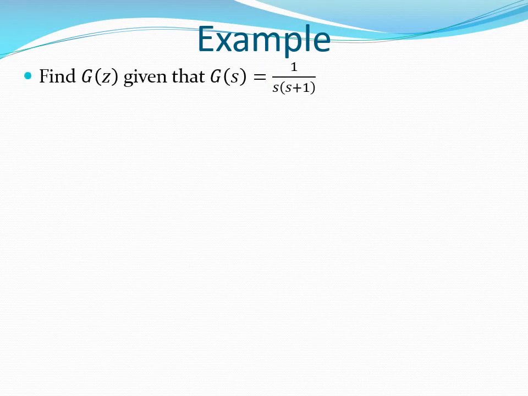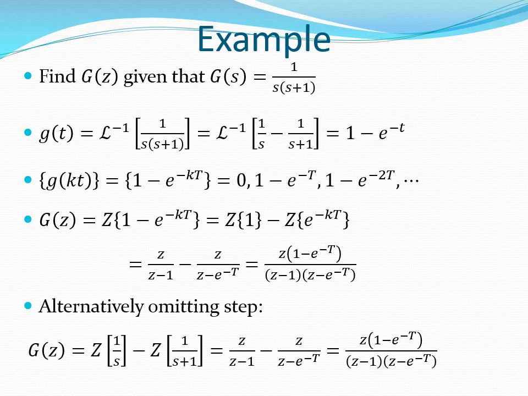In this example, we are given G(s) as being equal to 1 over s(s plus 1). We want to get G(z). The first thing that we do is to get the inverse Laplace transform of G(s), and we obtain it as g(t) equals 1 minus e to the minus t.